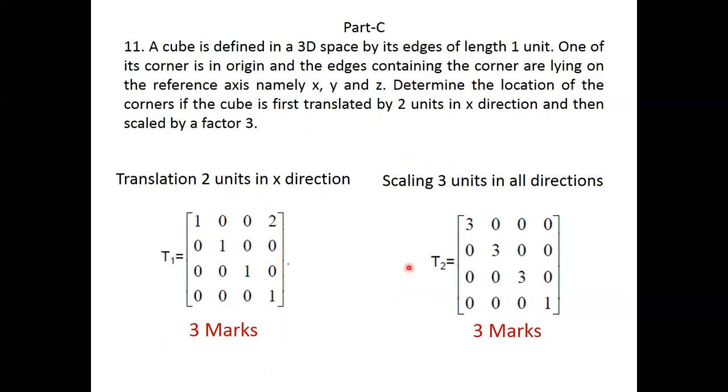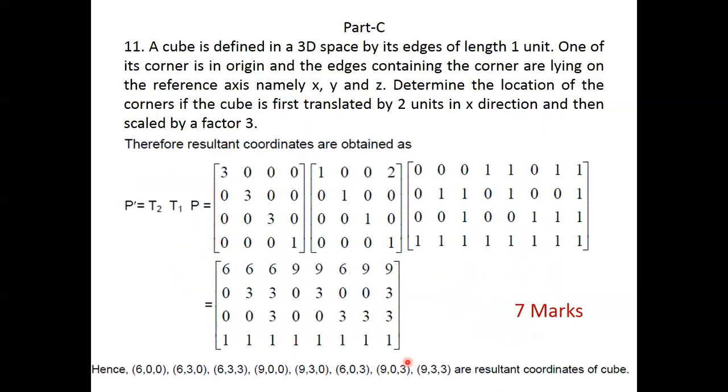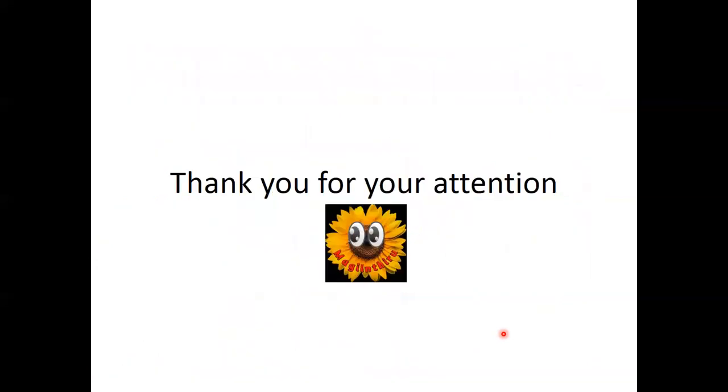Writing this scaling transformation matrix carries 3 marks. Now write the transformation matrices in reverse order and multiply with the initial position, carrying out multiplication from left to right, and you will get the answer. This whole step carries 7 marks. Okay, thank you for listening.